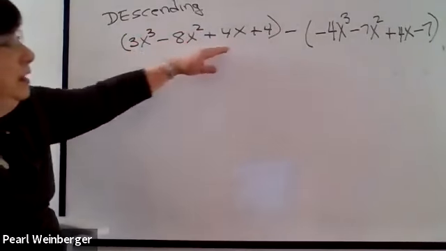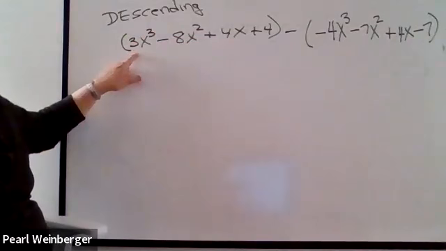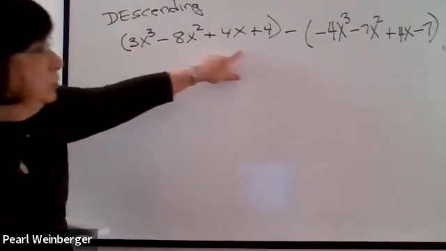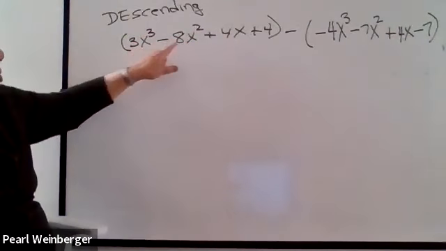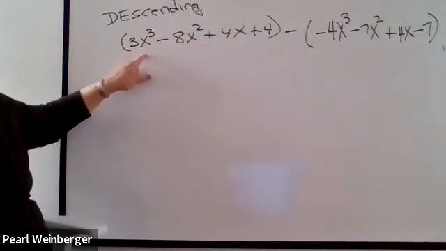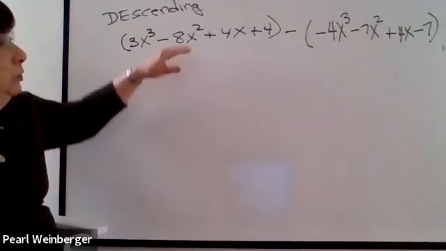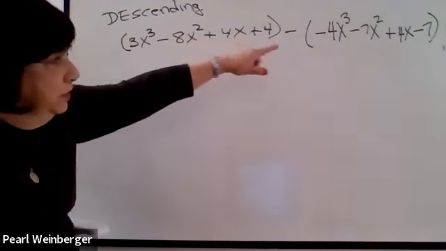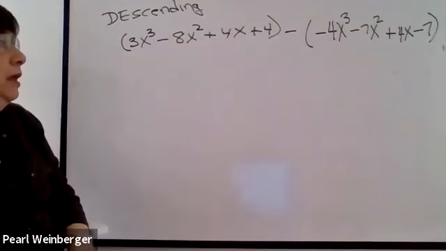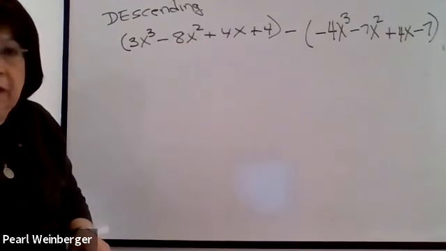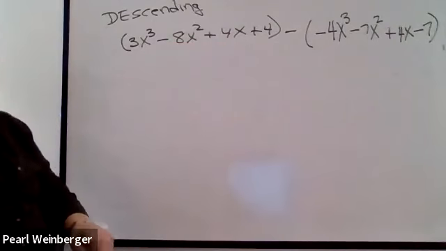Now, if I look at each one of these separately, there are no like terms, because even though all 3 have x's, their exponents are different. So this is one polynomial, that's the other polynomial. And the sign in between them is a negative.